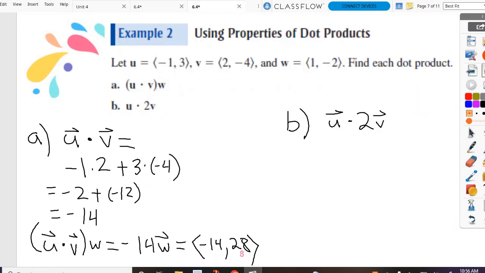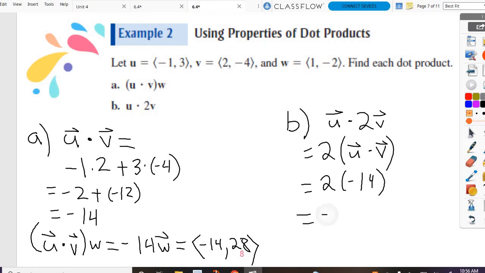Because if I do it in that order, we basically lose a step because we already have U dot V. We already found that, so we don't have to do as much work. Basically, we're just going to do 2 times -14, which gives us -28.